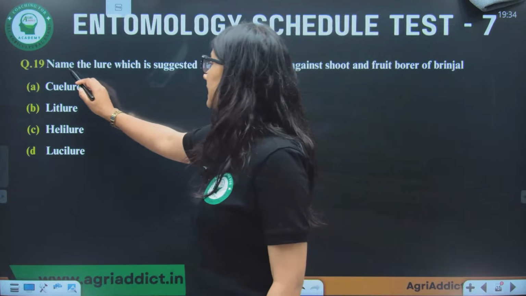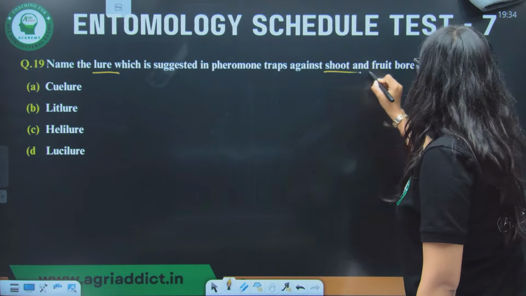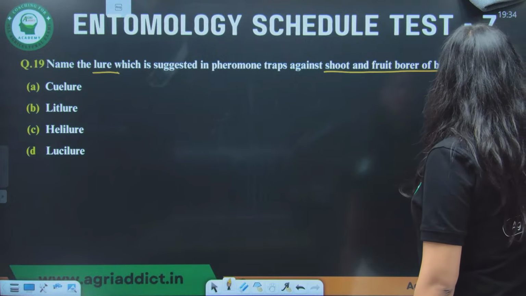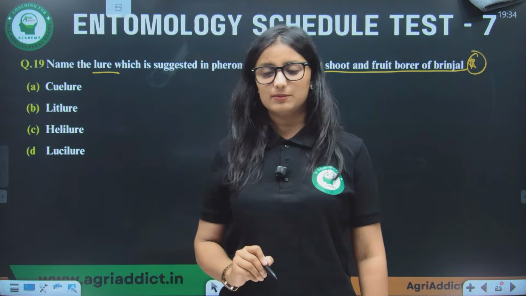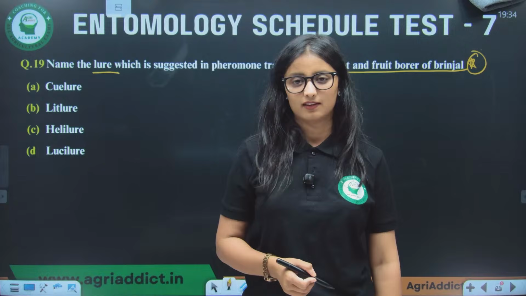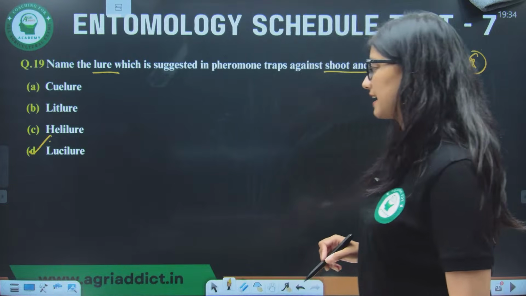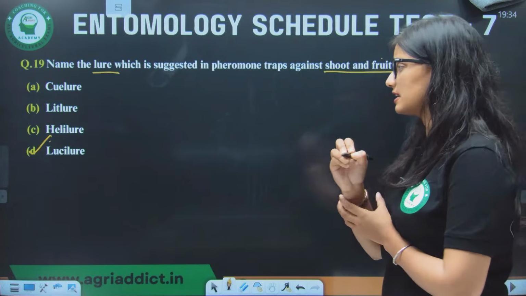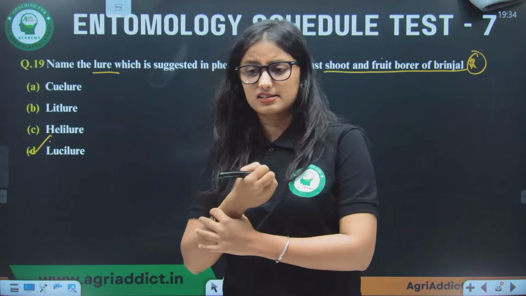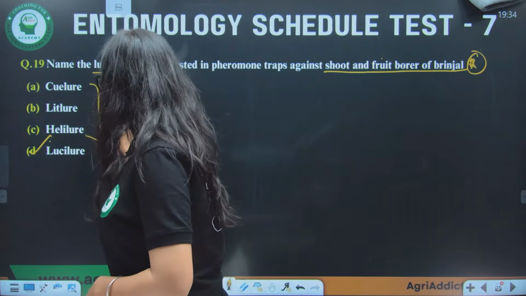Next is: name the lure which is suggested in pheromone trap against shoot and fruit borer of brinjal. Name that lure. Very good. D. D is the correct answer. Lucilure is used for shoot and fruit borer and the rest are used for what? Very good.